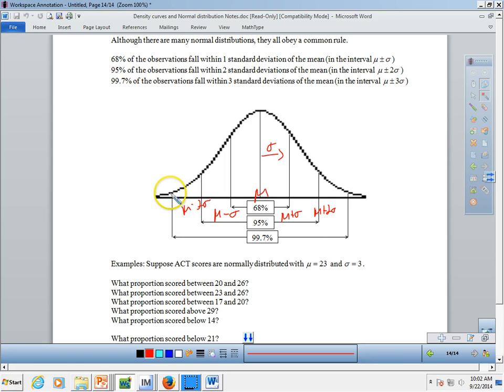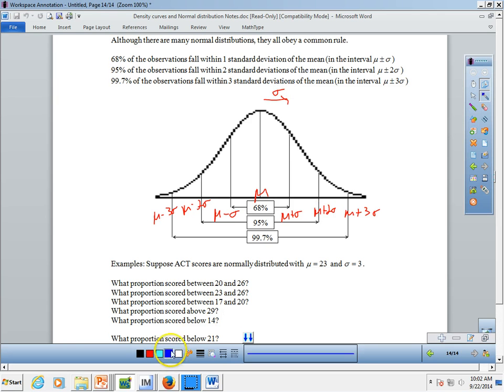And then out in this tail is where your third standard deviation is going to be. Now in a normal distribution, 99.7% of the observations are going to fall within these standard deviation marks here, 3 standard deviations away from the mean.